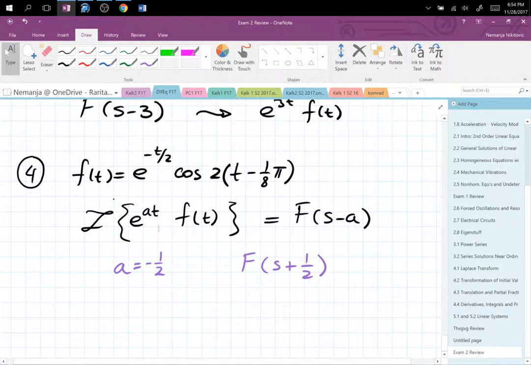What happens to the negative 1 over 8 pi? Can you distribute that out? Isn't that a constant? So what should we do? Identity? Yeah, but then you have the product over there.